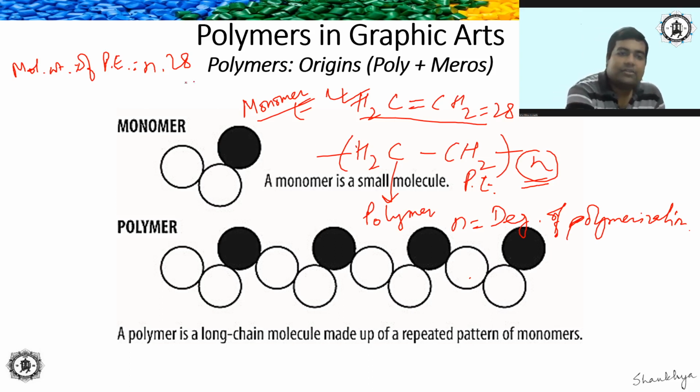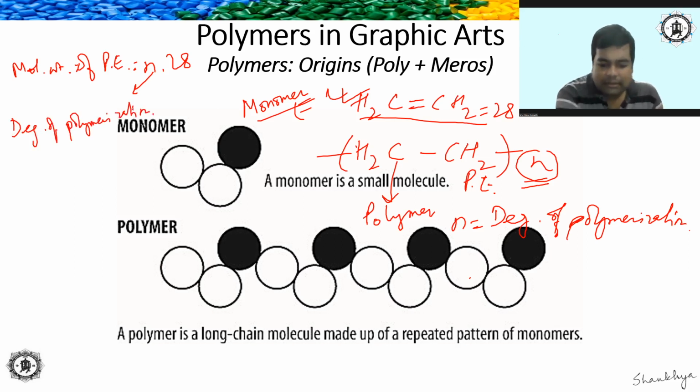This n, as I already told you, is basically known as the degree of polymerization. This is very important because the degree of polymerization determines multiple properties in the polymer: its flexibility, its tensile strength, glass transition temperature, and all these things.